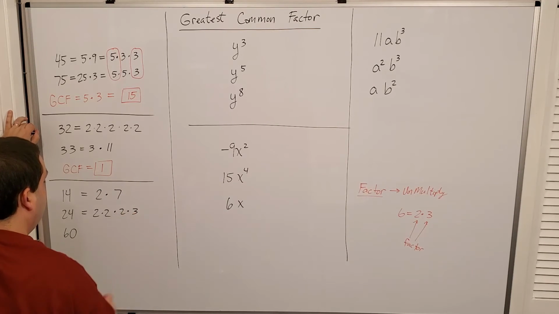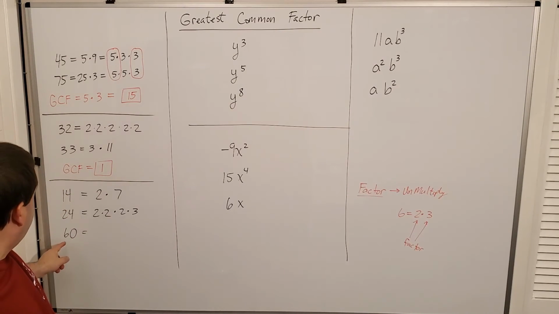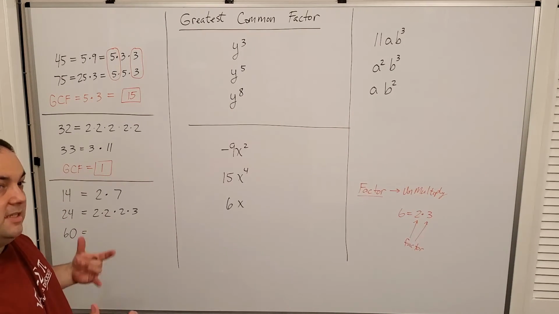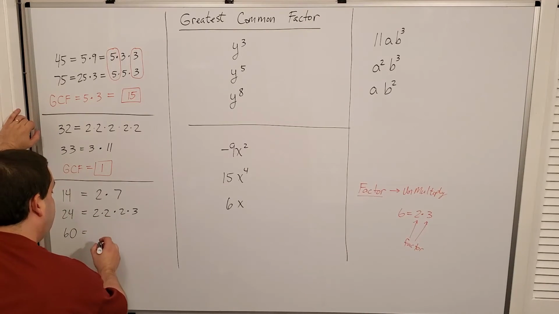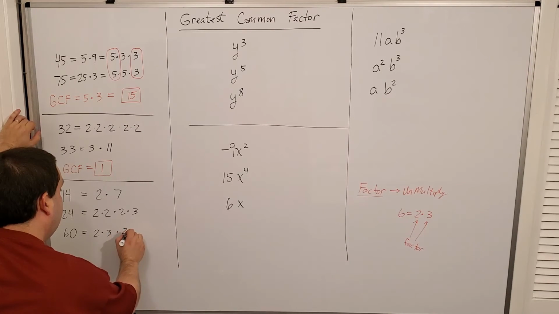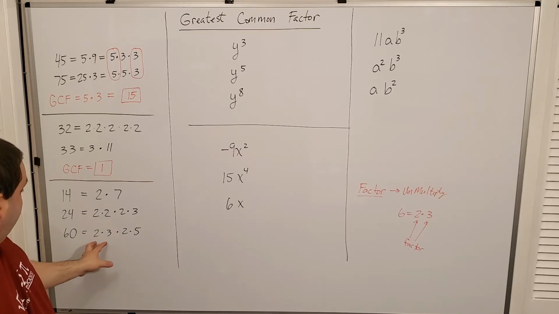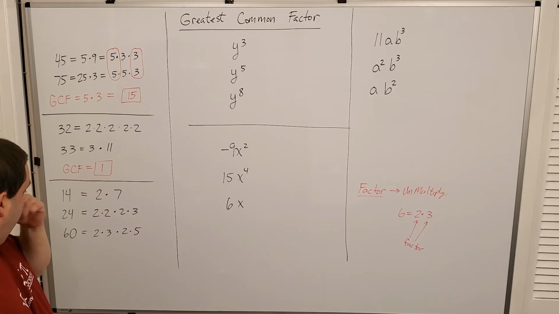Okay. Next, 60. 60 I can break up into 6 times 10, right? Well, 6 is 2 times 3, and 10 is 2 times 5. So there we have it. I have 6 times 10 is 60.